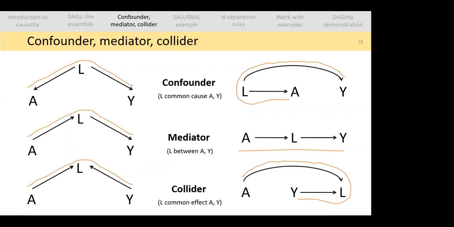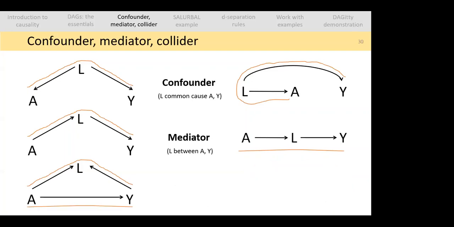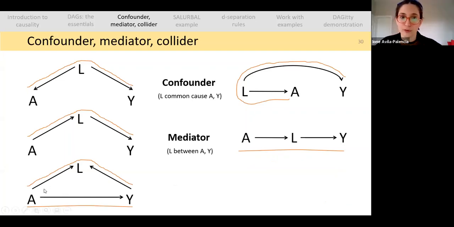I wanted to also ask whether you can explain why the collider DAG is not cyclic, in the sense of why it's not like the case where we had a non-DAG before. Because it's not a loop.